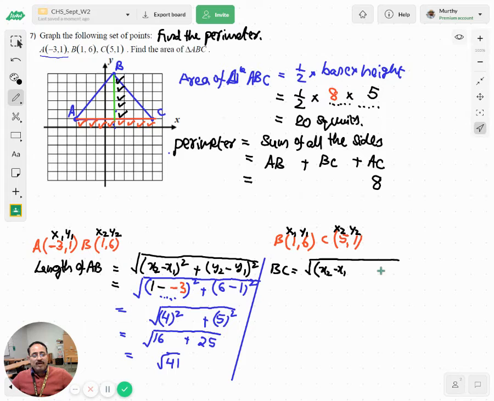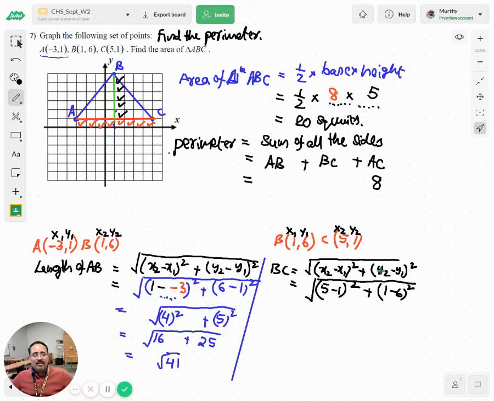x2 subtract x1 whole square plus y2 subtract y1 whole square. Now plug in the values. X2 is 5 minus 1 square plus y2 is 1 minus 6 square under the square root.